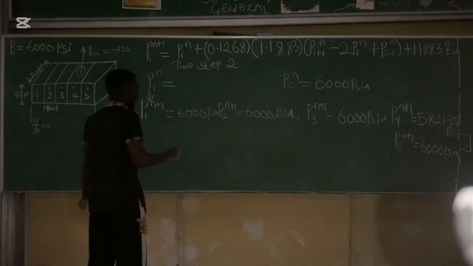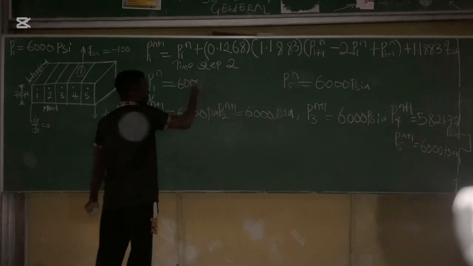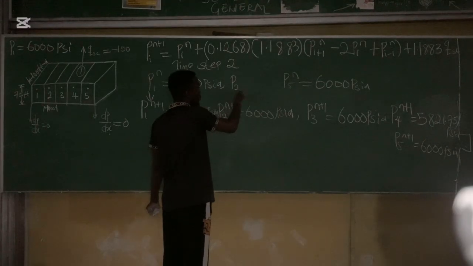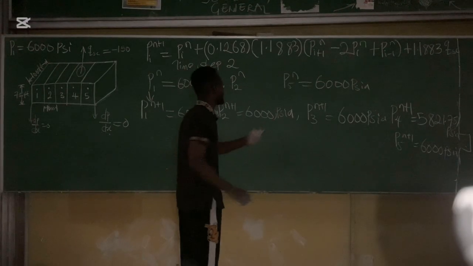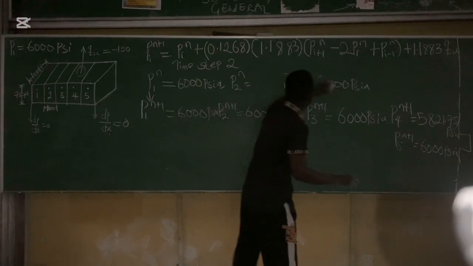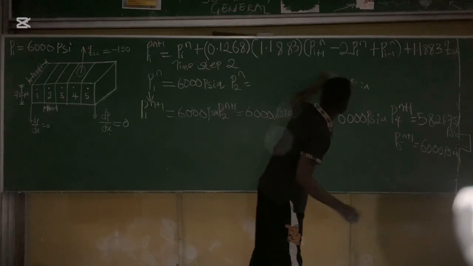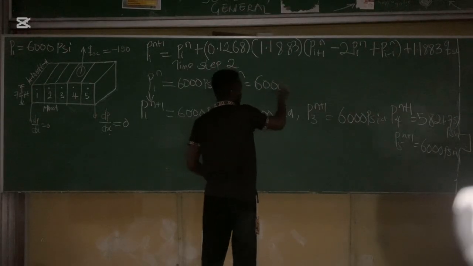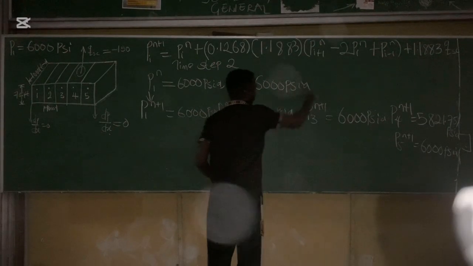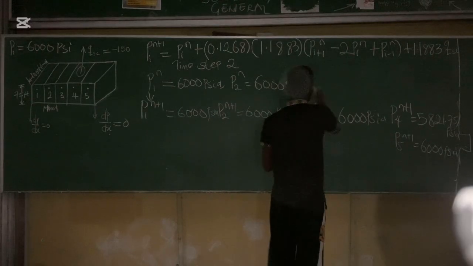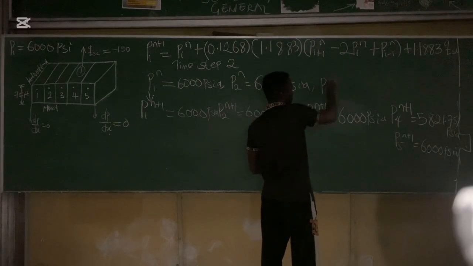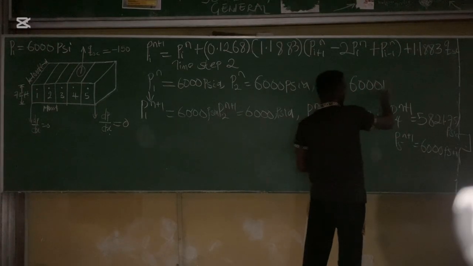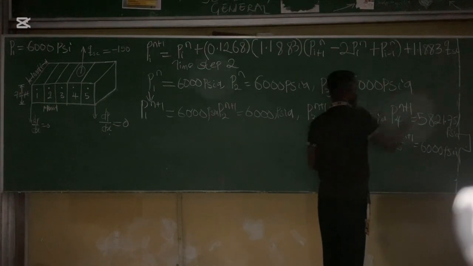So therefore, our P1n for time step 2 will become 6,000 PSIA. Our P2n, we said P2n will become this value, which is equal to 6,000 PSIA. Our P3n will become this value, which is 6,000 PSIA.